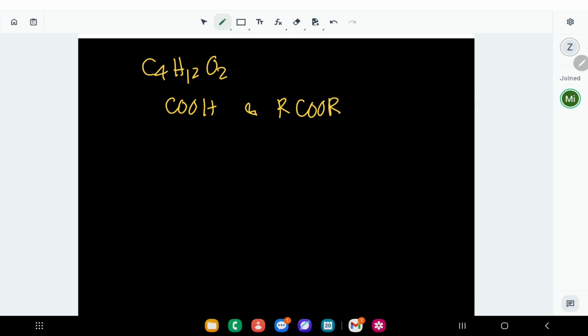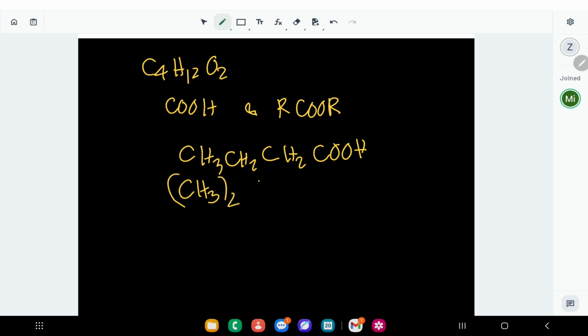Possibly aldehyde alcohol or ketone alcohol. So let's try the constitutional isomers. We have carboxylic acid, COOH. We can try that: CH3CH2CH2COOH, butanoic acid.